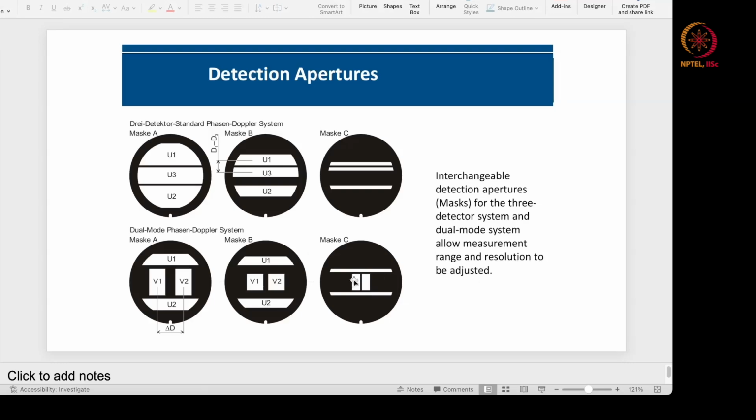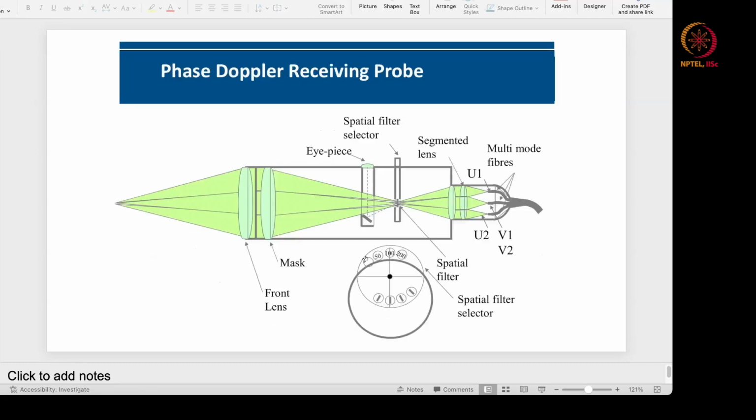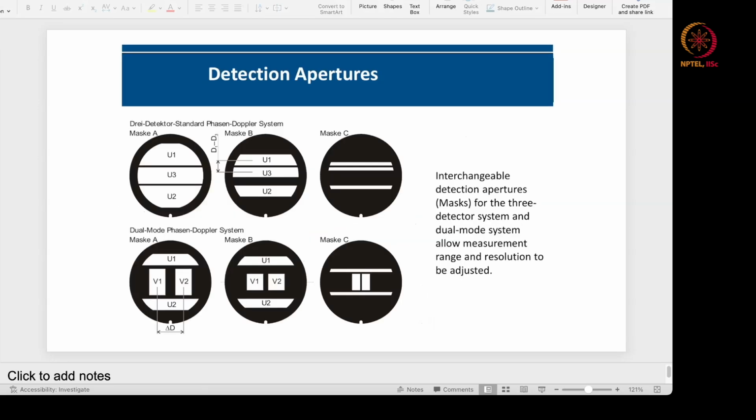You can change the resolution by controlling how much light actually enters, and this enables you to change the measurement range and the resolution both by using masks and filters. These are of different kinds, as you see: different types of masks, different types of configuration.